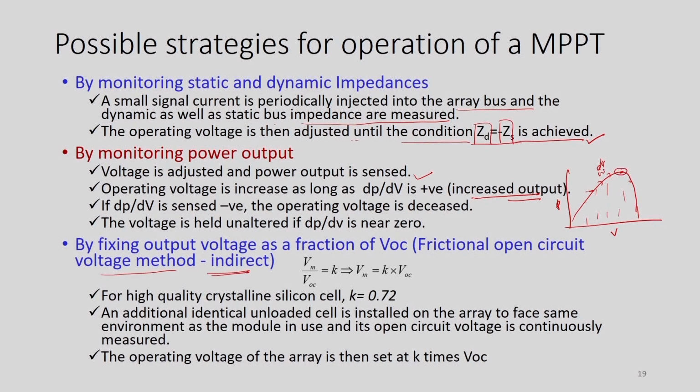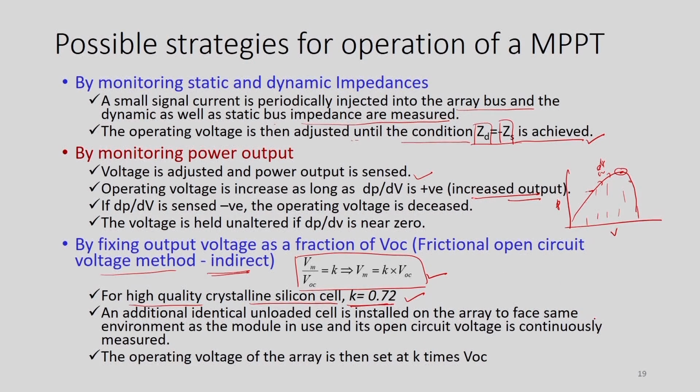In the third category, fixing voltage as a function of VOC, the ratio of Vm, the voltage at maximum power, to the open circuit voltage is constant for a particular semiconductor material. So, Vm is equal to K into VOC. For high quality crystalline silicon cells, this K is about 0.72. For doing this, we do not have to close the circuit for calculation of Vm every time.